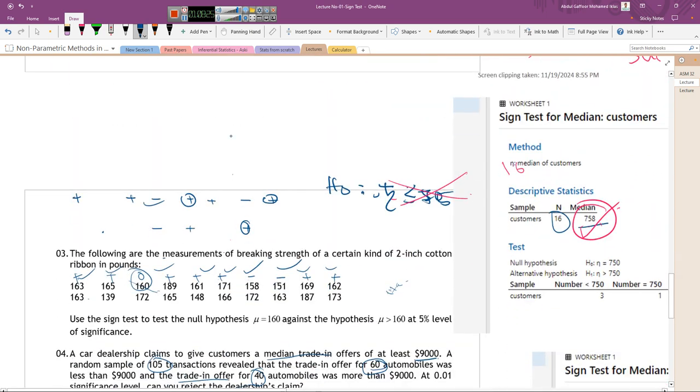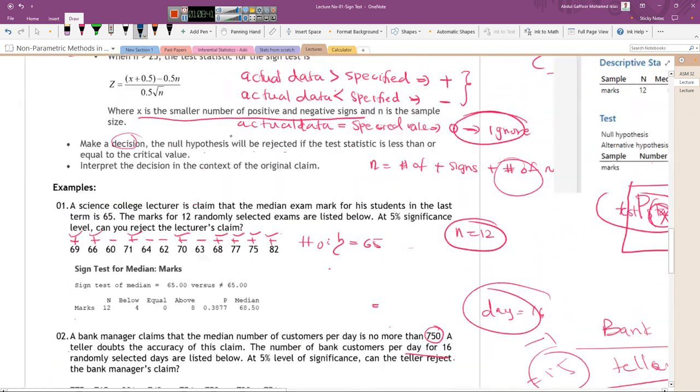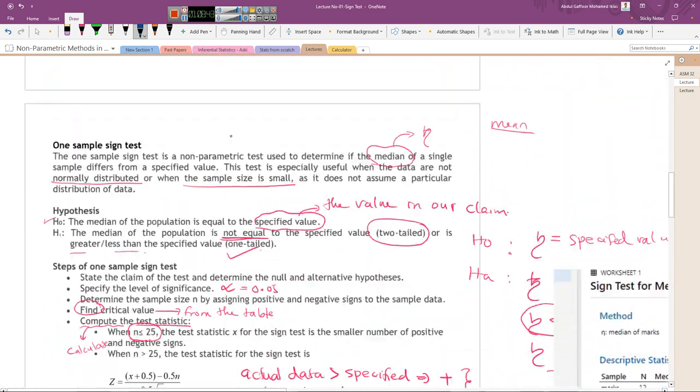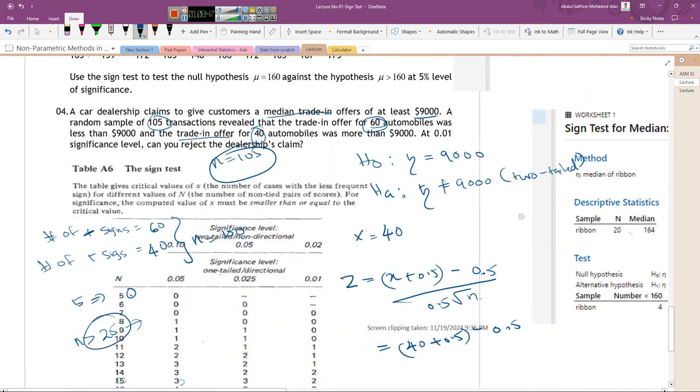Here x is the minimum number of positive or negative signs, right? So x is equal to 40 plus 0.5 minus 0.5 times n, and n is 100.